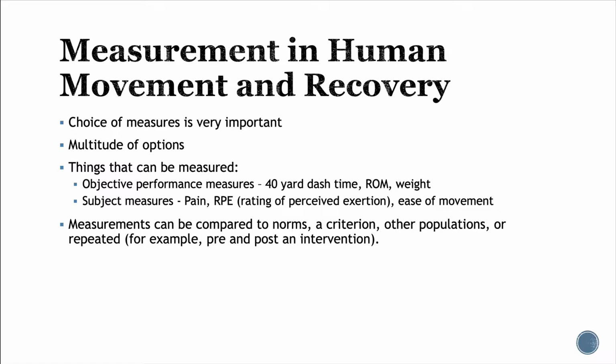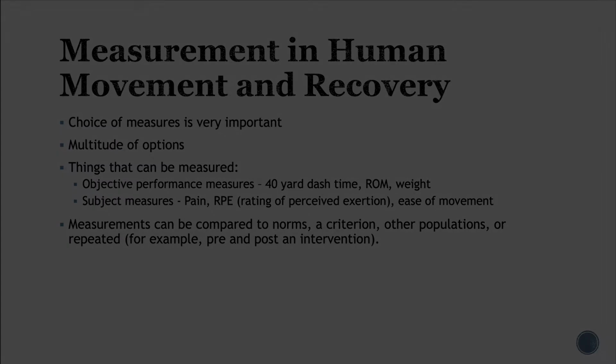But we can measure pain with a visual analog scale, ratings of perceived exertion by choosing a number from 1 to 10 or 1 to 20, depending upon the scale you use, or asking them the ease of their movement from 1 to 5. Measurements can then be compared to subjects within the study, but norms or a criterion or other populations. They also can be repeated for pre and post measures.